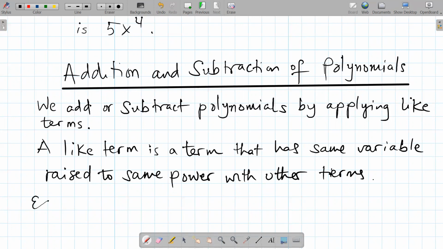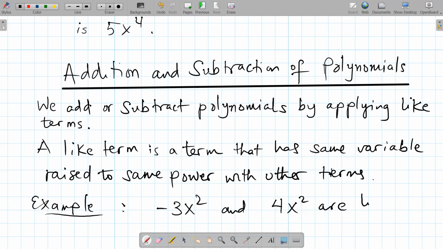So for instance, if we have 3x squared and 4x squared, they are alike because they have the same variable, which is x, and they have the same power 2. Okay.